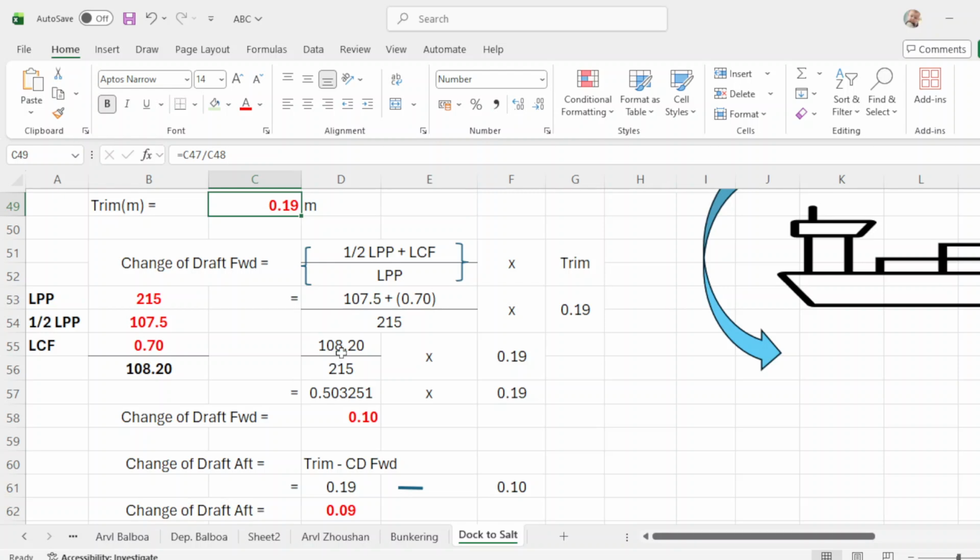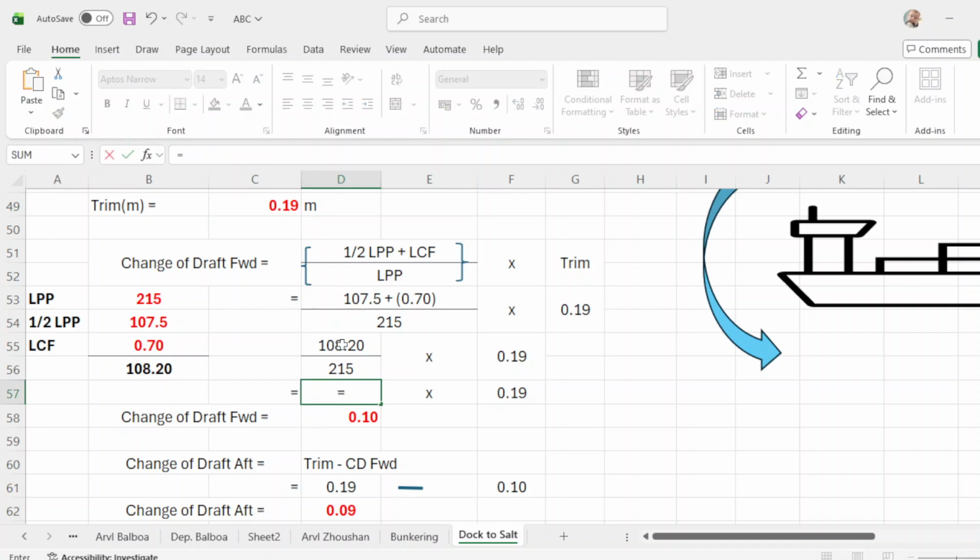Okay, we try to do this one, so you will see: 1 divided by LPP of 215, enter, then multiply this together times your trim, and then your change of drop forward will be 0.10.